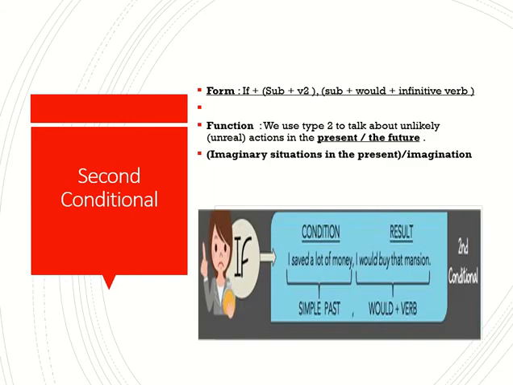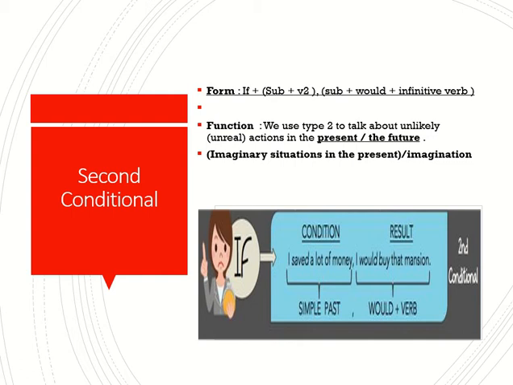First, the second conditional. The form: when we form the second conditional, we need two clauses, as we mentioned before. We said that the if conditionals have two clauses: the if clause or the conditional clause, and the main clause or the result clause.